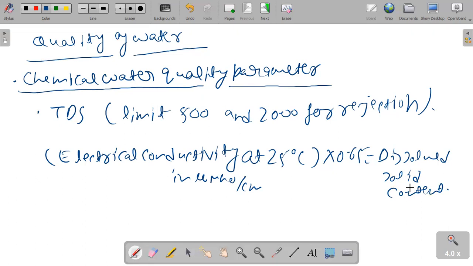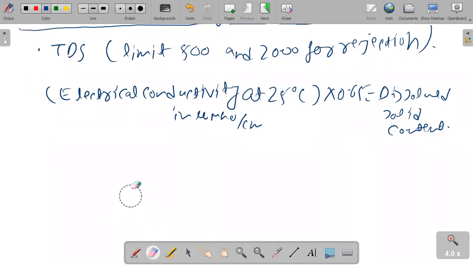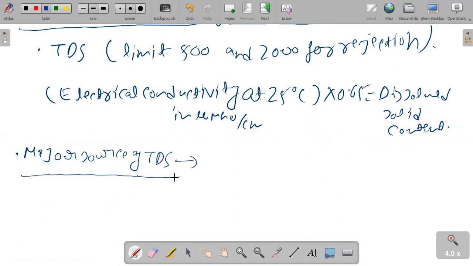If we talk about TDS, the major sources of TDS are Na+, Ca, Mg, CO3 2-, SO4 2- and Cl-.